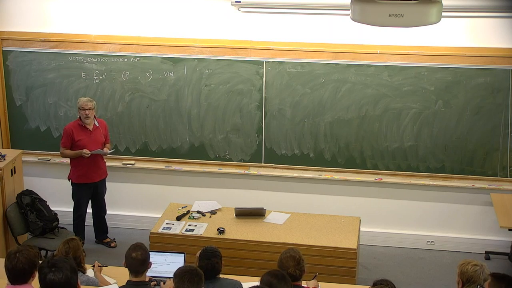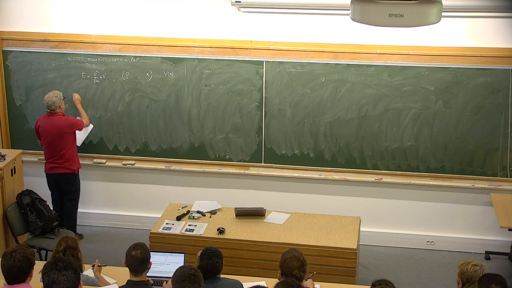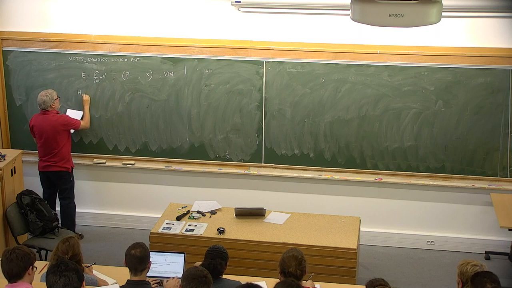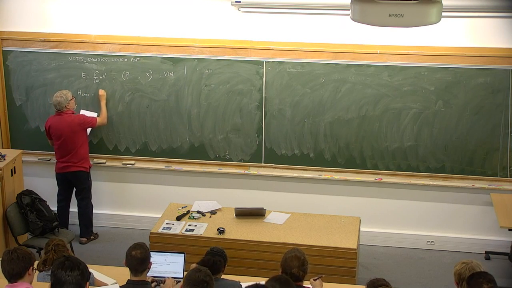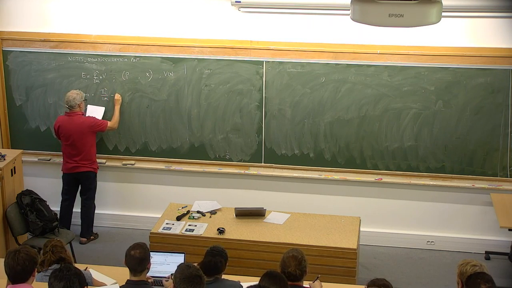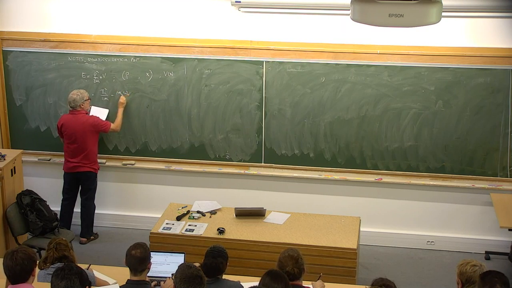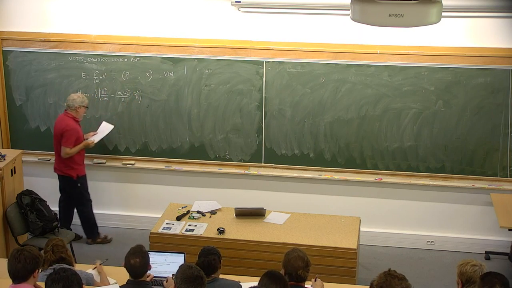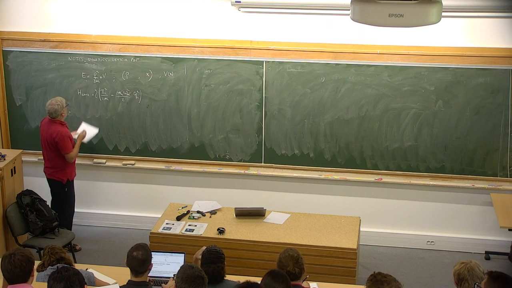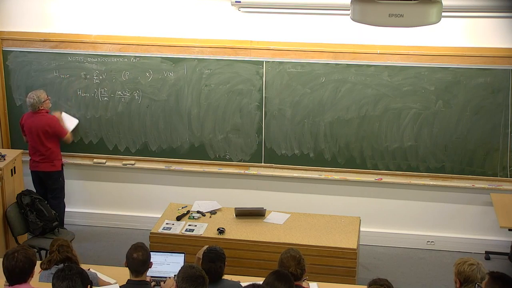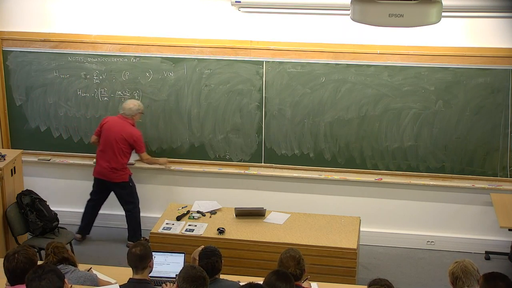So the clever thing to do is to consider a set of harmonic oscillators, many of them. So you have many harmonic oscillators with their own masses, which for the moment I'm not telling you what they are. This is the Hamiltonian of the system, and now I want to couple them.